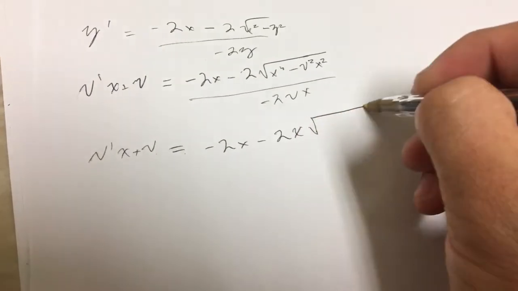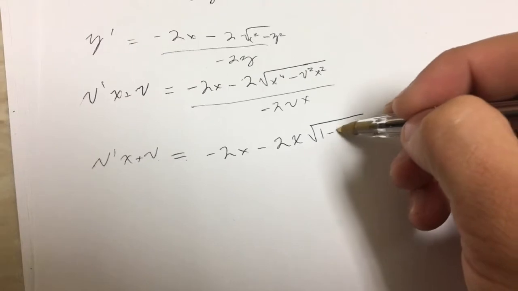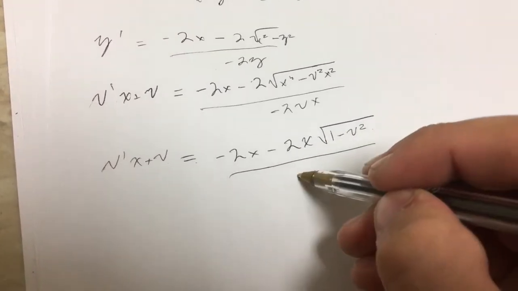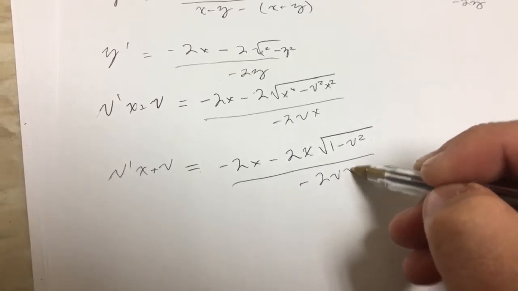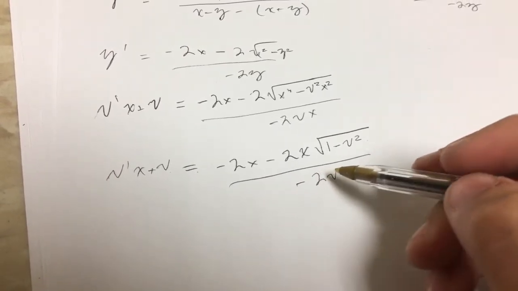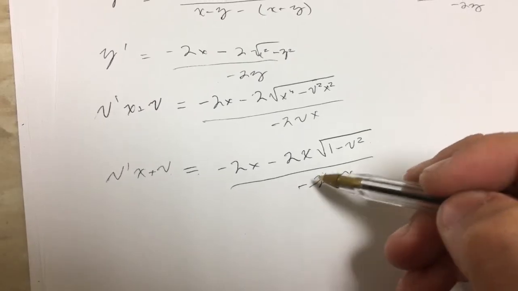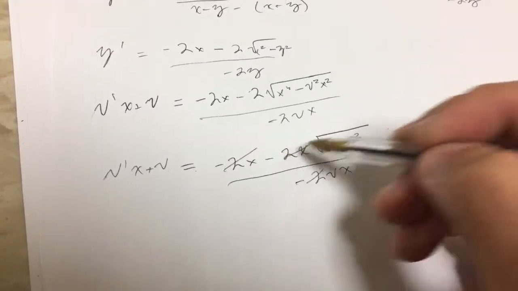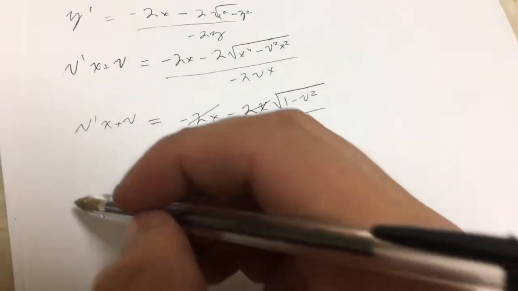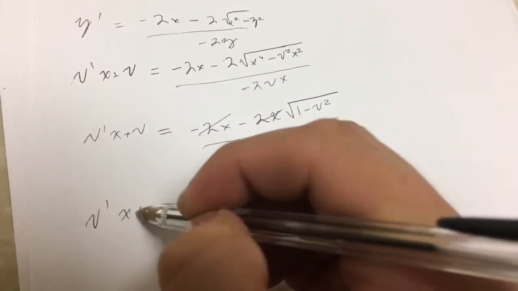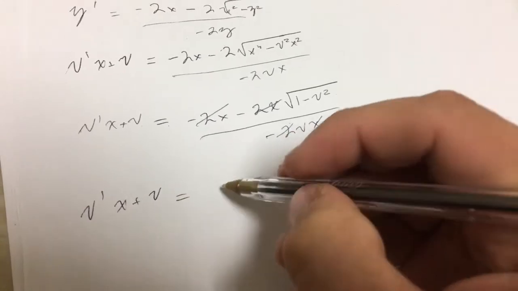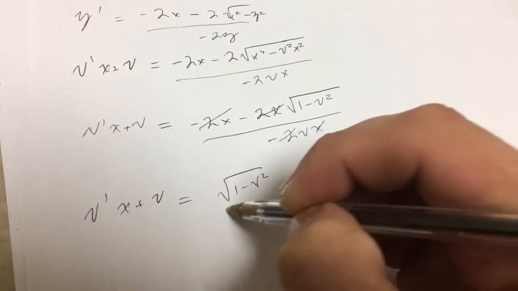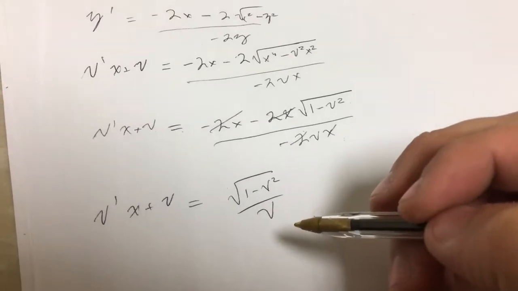From here, we get that v prime x plus v equals negative 2x minus 2x square root of 1 minus v squared over negative 2vx. You can cancel out the negative 2's and the x's. You end up with v prime x plus v equals square root of 1 minus v squared over v.